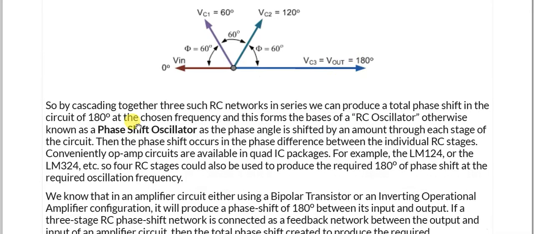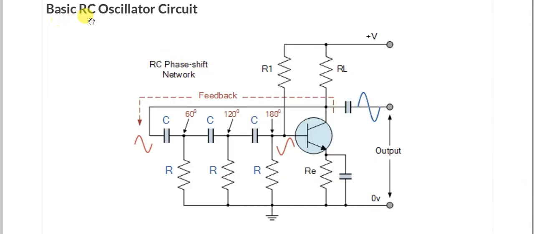Now let us take the basic RC oscillator circuit. You can see this is a typical amplifier, which has 3-stage RC circuits connected at the input. This is the self-bias common emitter amplifier. We take a small portion from the output signal and put it in this 3-stage RC circuit, which also acts as the sampling network.